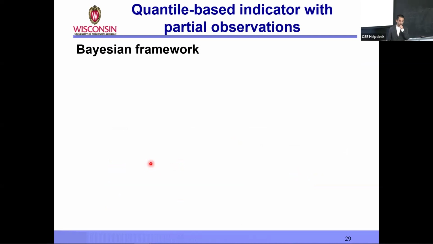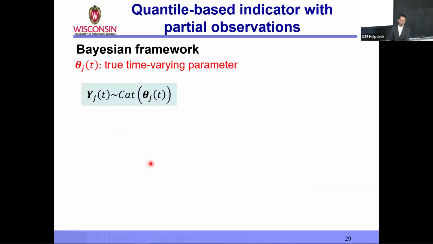To address this issue, we adopt a similar Bayesian framework as before to estimate the distribution of y. Similarly, y follows a categorical distribution, and theta follows a Dirichlet distribution.